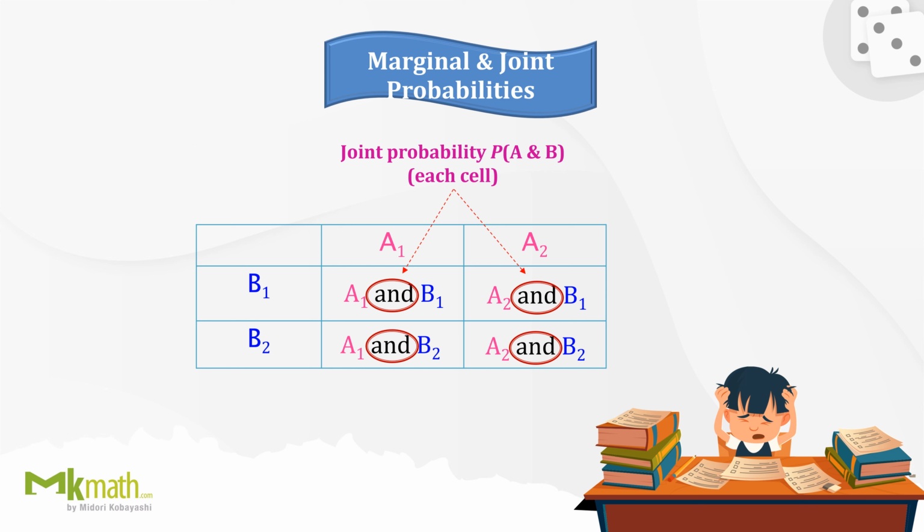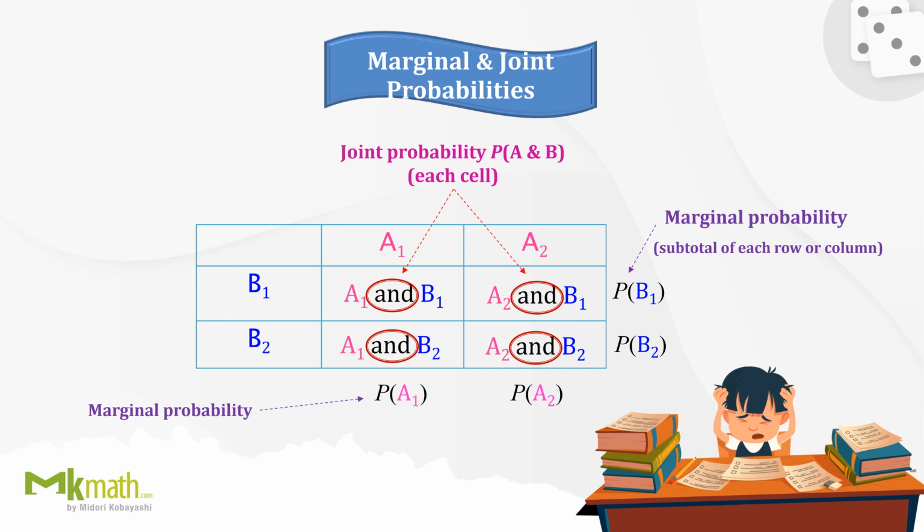However, please do not use the multiplication formula for these table-type questions, since we do not know if the two events are independent or not. Moreover, you can find the joint probability in each cell anyways. Each column total or row total probability is called a marginal probability.